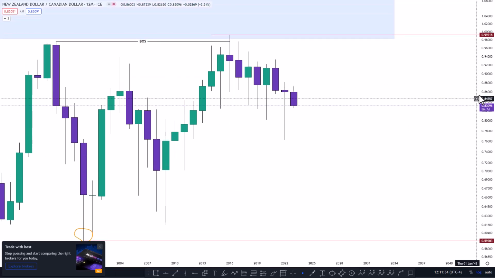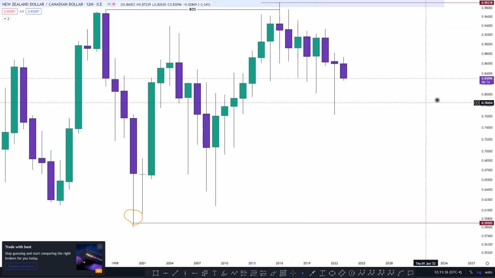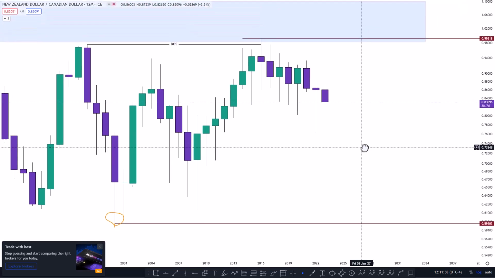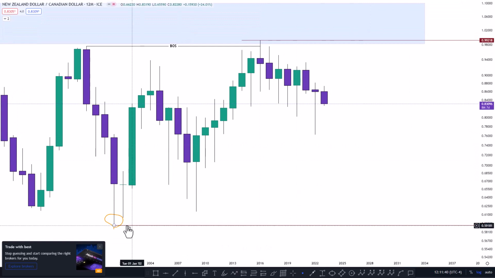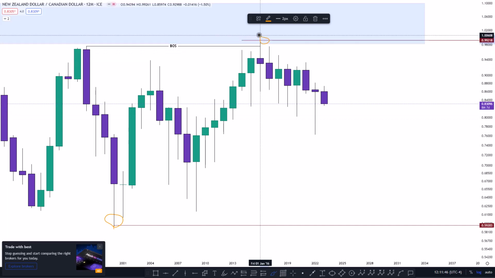Meaning this time our range is bullish. So where is our range? Our range starts from this low all the way to this current high. This is our current range, from the bottom all the way to the top.